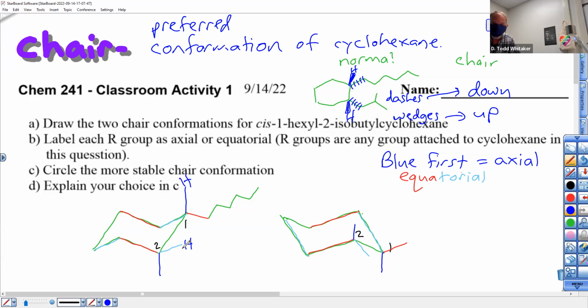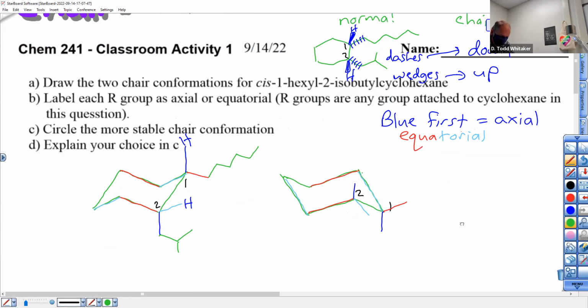There is no connection between the words axial, equatorial, and up or down. So don't try to think there is one. If the up was axial, the equatorial is slightly down. If the axial is down, straight down, then the equatorial is slightly up. That will never change. What's this group on carbon 2? Just a reminder, 1, 2, isobutyl. 1, 2, 3 with a V.